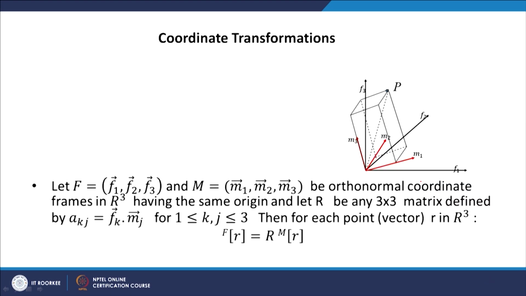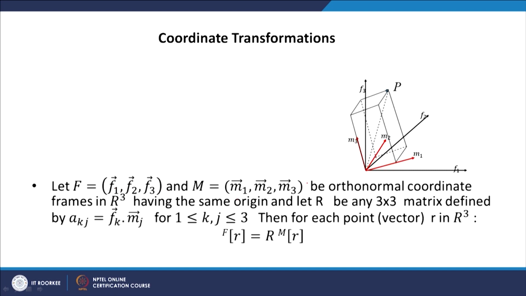Now we consider how to represent the position and orientation of one coordinate frame with respect to another coordinate frame. So let us assume f1, f2, f3 are mutually orthonormal vectors. That means they are orthogonal and the length of each vector is 1. It forms a coordinate frame, a right handed system.